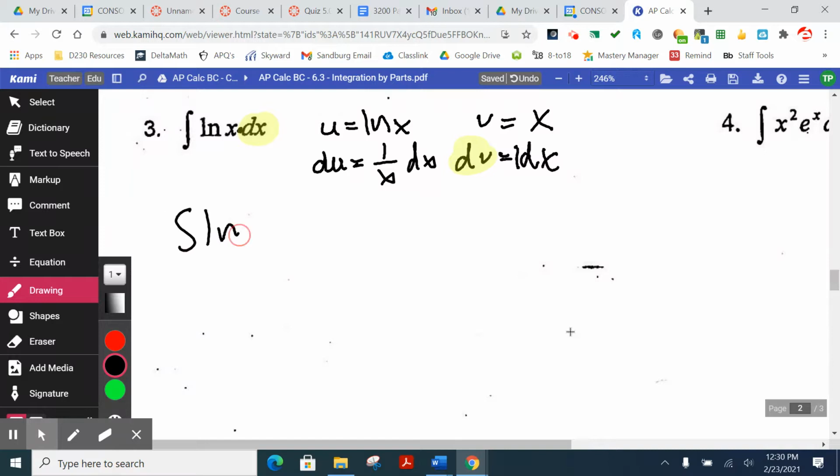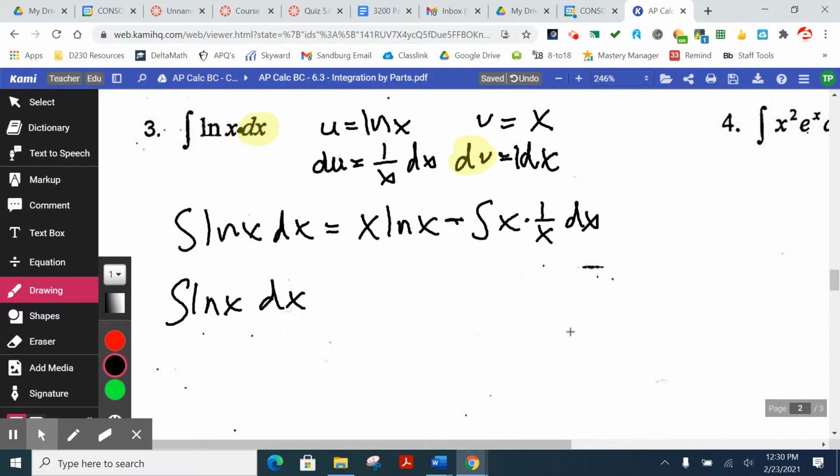So now the antiderivative of the natural log of x should be u times v, so x ln of x, minus the integral of v du. So here's v multiplied by du, which is 1 over x dx.